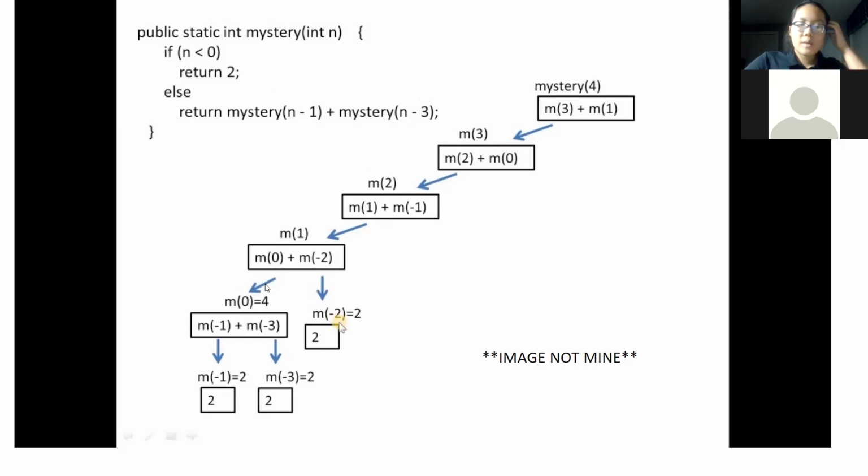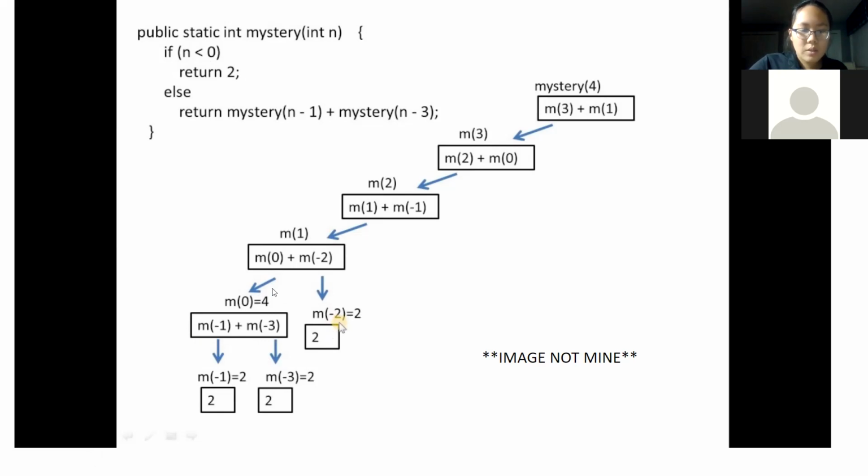Because you go into m0 and then we have to calculate m-1 and m-3. But then we can see that it doesn't fulfill this condition, so we're returning 2 for both of those values because they're both negative. That means m0 is equal to 4, because m-1 and m-3 are both 2, and 2 plus 2 is 4. And then m-2 is also negative, so it returns a 2 here.